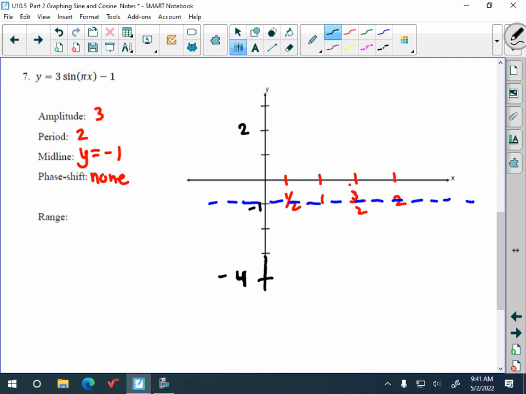All right, so this is a sine graph without a reflection, so the shape looks like that. All right, there's no phase shift, so we're going to start where the midline and the y-axis intersect. So this is where we're going to start right there.